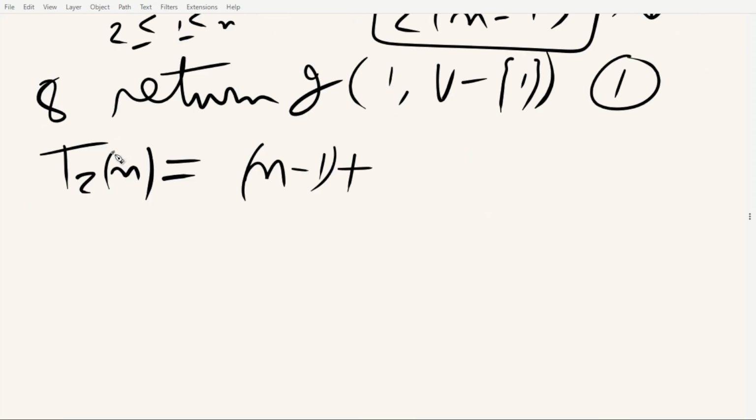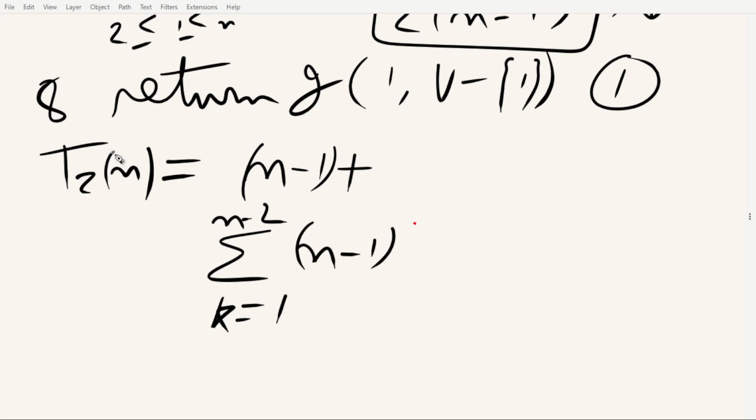Then we have this summation, sum over k equal to 1 to n minus 2, of (n minus 1) times (n minus 2 choose k) times 2k.